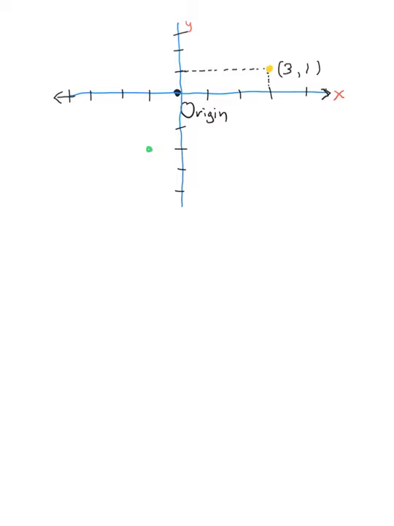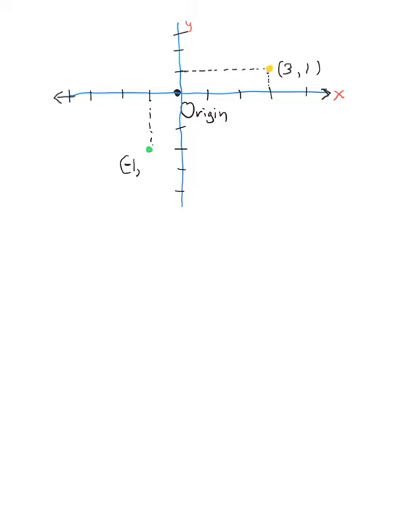Well, that point, how far is it over in the horizontal x direction? Well, it is 1 unit to the left. So we'll say that this has -1 as its x coordinate. And where is it in terms of the vertical axis?